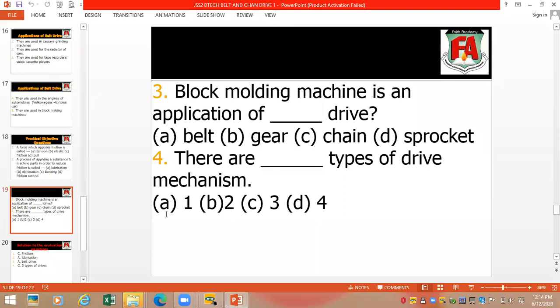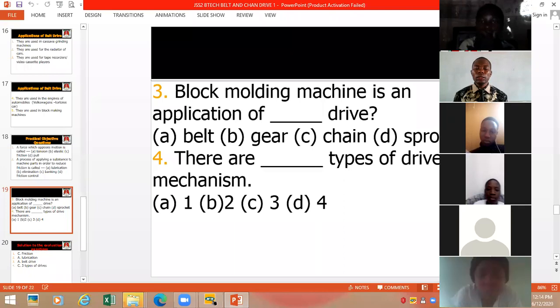Okay, question number 4. There are dash types of drive mechanism. How many types of drive mechanism do we have? Just put up your hand.